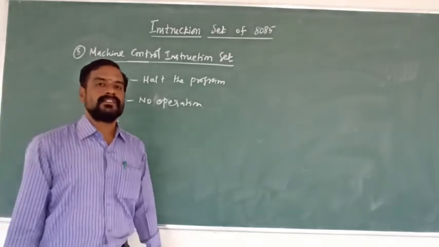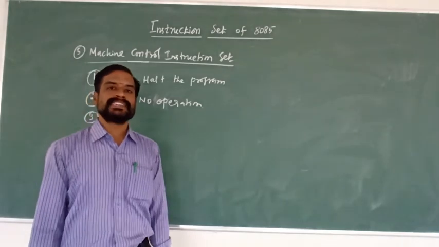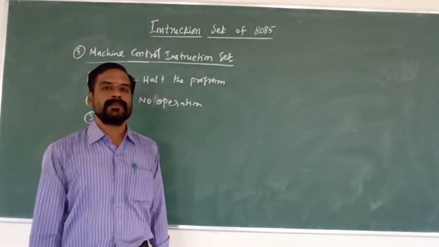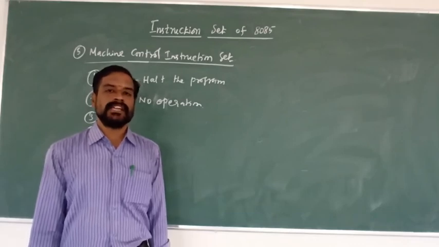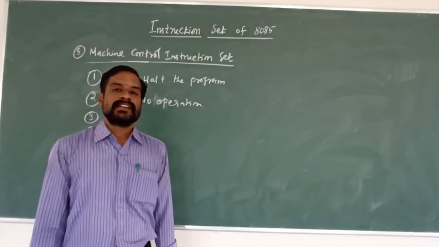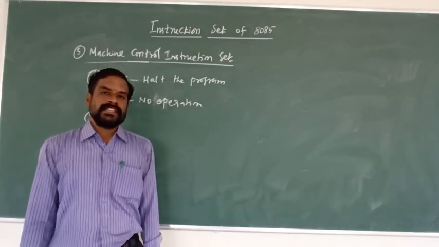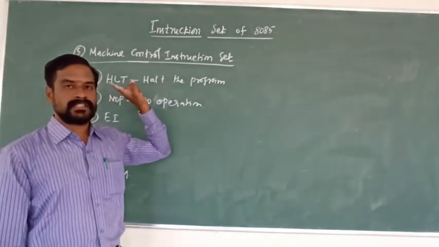Okay, there are 5 types of instruction set. Number 1, data transfer. Number 2, arithmetic. And number 3, logical. Number 4, branching instruction set. Number 5, machine control instruction set.